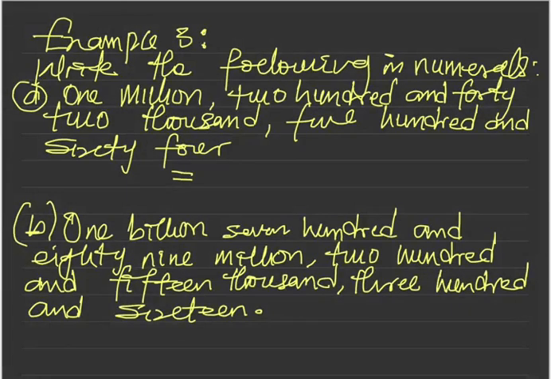So let's write this in normal numerals. He said, write the following in numerals: 1,242,564. So he said 1,242,000.